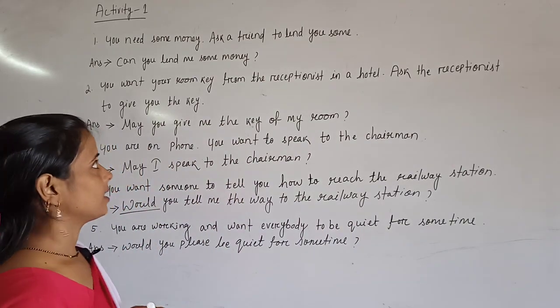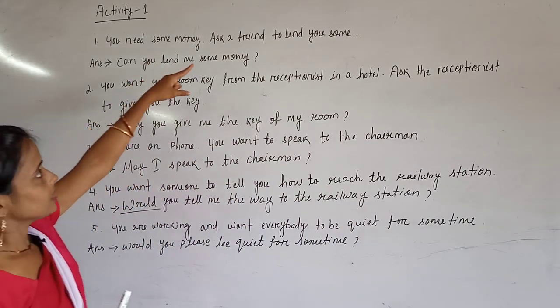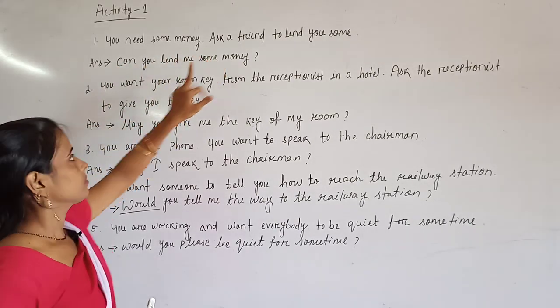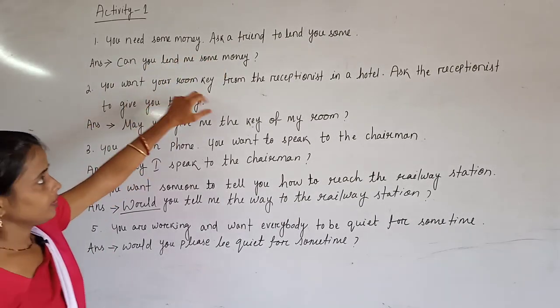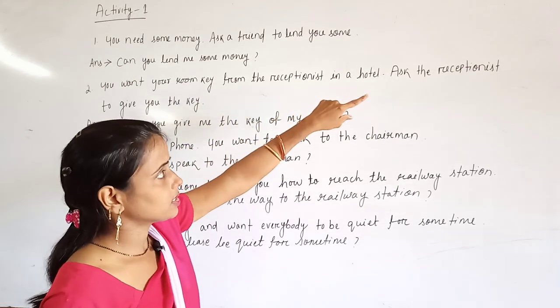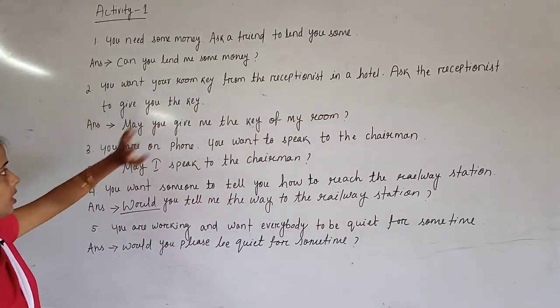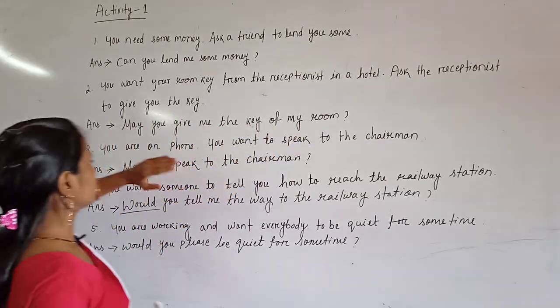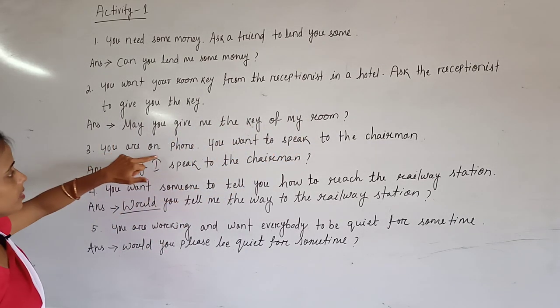Okay, let's check the answers. You need some money, ask a friend to lend you some. Can you lend me some money? You want your room key from the receptionist in a hotel. Ask the receptionist to give you the key. May you give me the key of my room? Question mark. You are on phone.